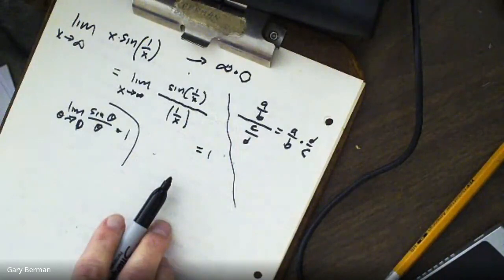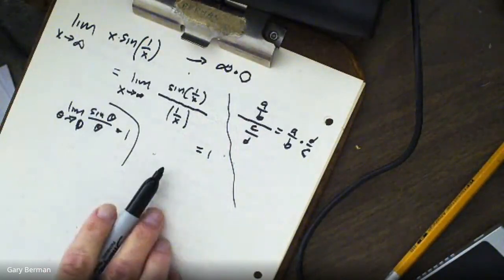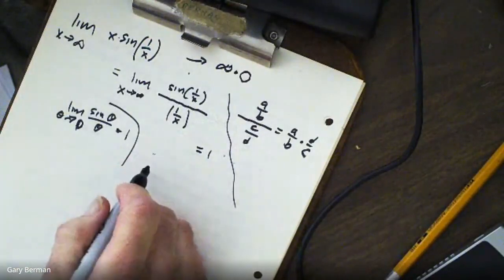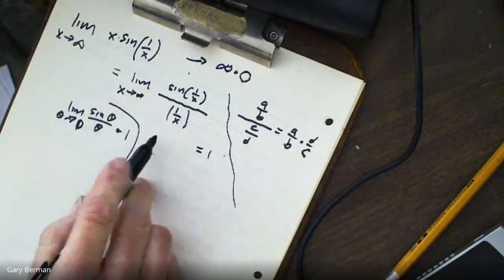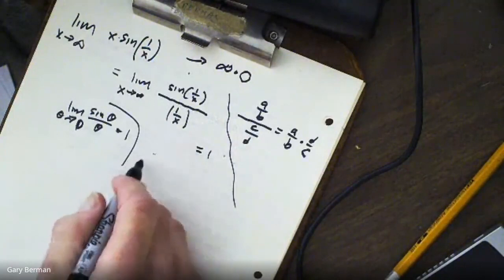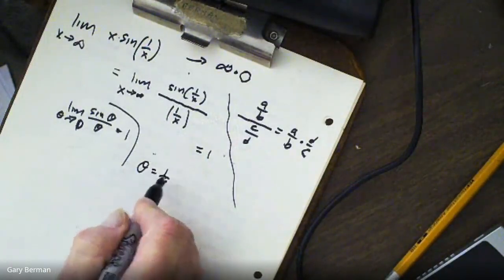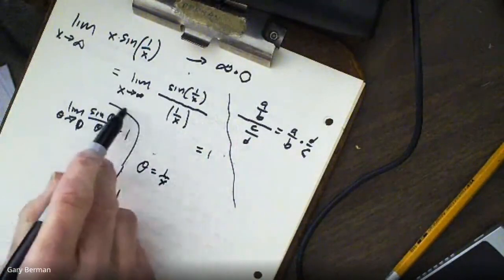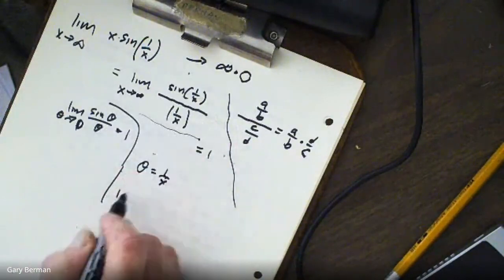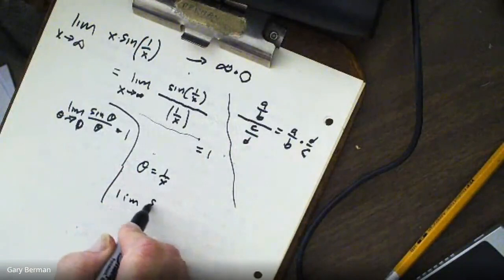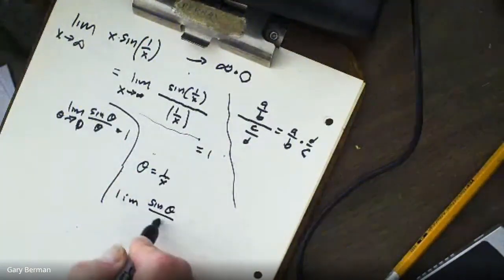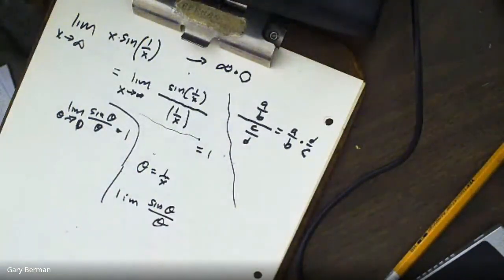If you want to do this more formally, if me talking it out like that is a little heavy to follow, let's do it more formally from this point on. Let theta equal 1 over x. So this term here is now going to become the limit of sine theta over theta.